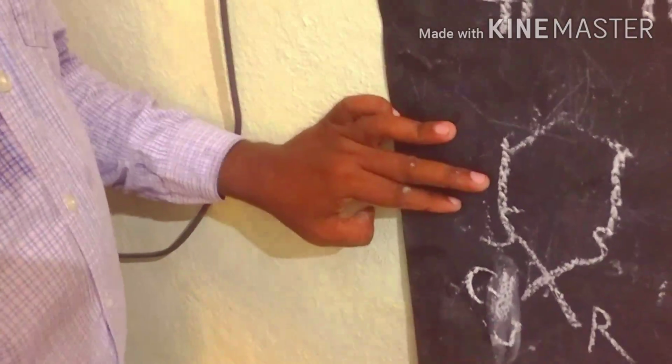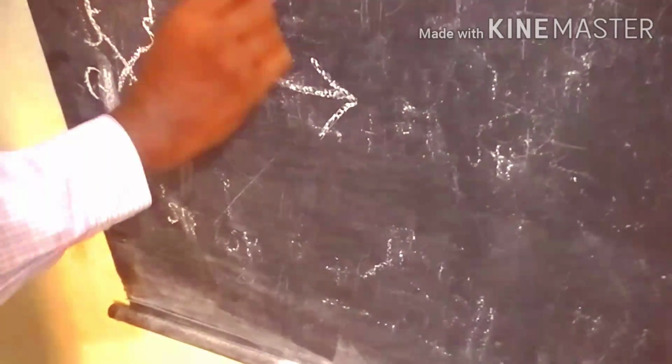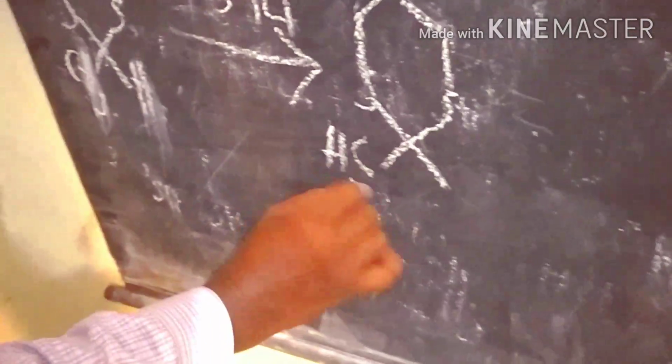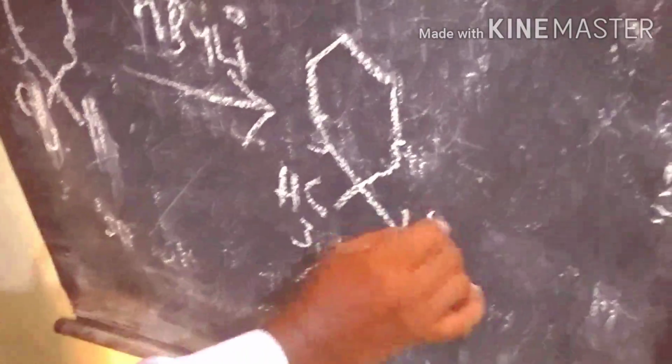The methyl group is substituted at the lithium position. Then another H is also the same. After that we react with one more n-butyl lithium, which replaces one proton by lithium.